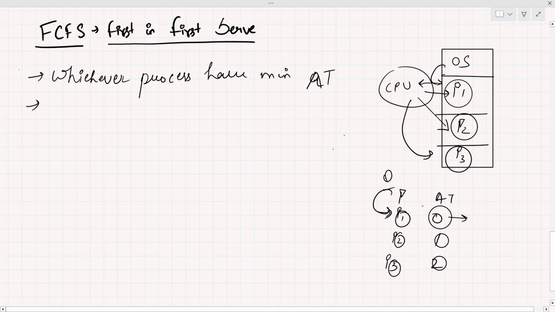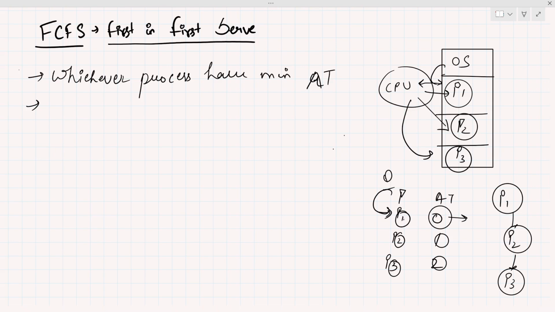So we will select the processes in this order, in increasing order. So if the arrival time is the same, then we apply this condition. When the arrival time is the same, 0, 0, 0, then P1 gets the CPU first, then P2 gets the CPU, and P3 gets the CPU third. Why do we choose this sequence? Because of the process IDs P1, P2, P3. We have to select in increasing order when there is a tie between arrival times.